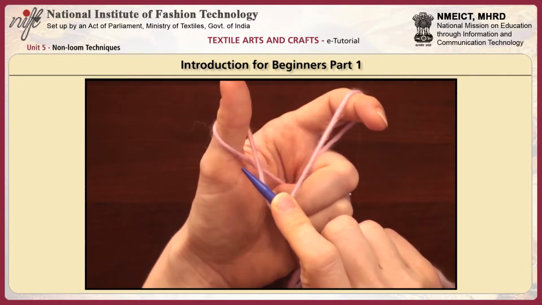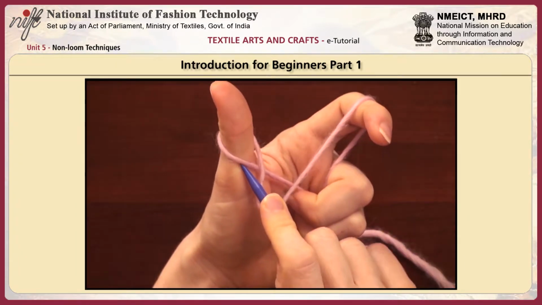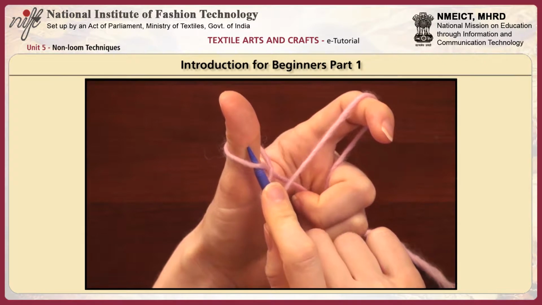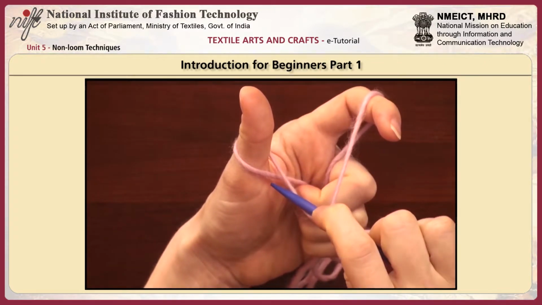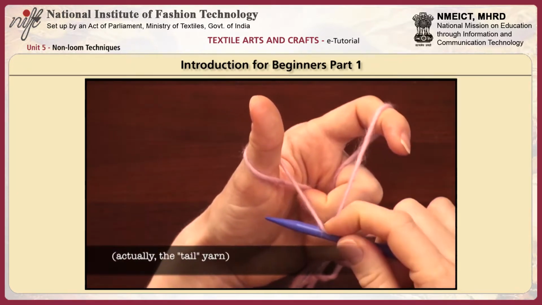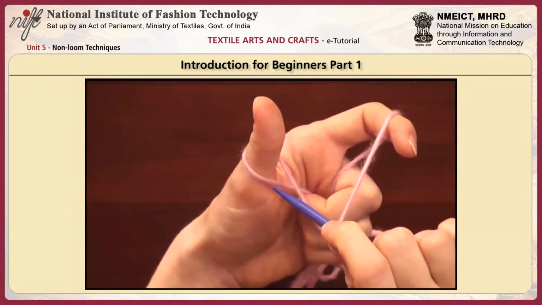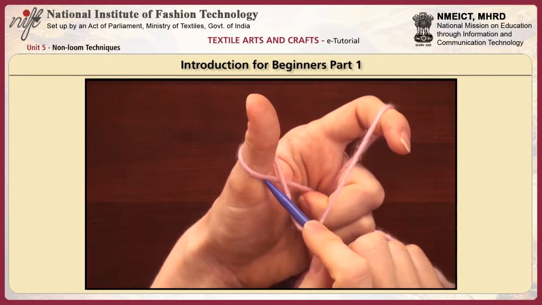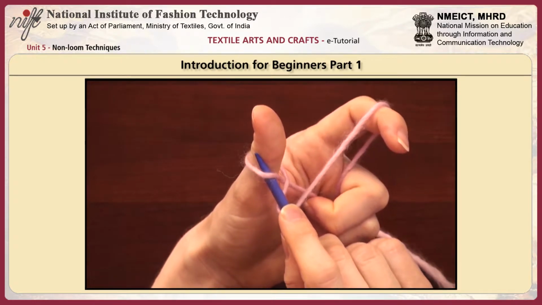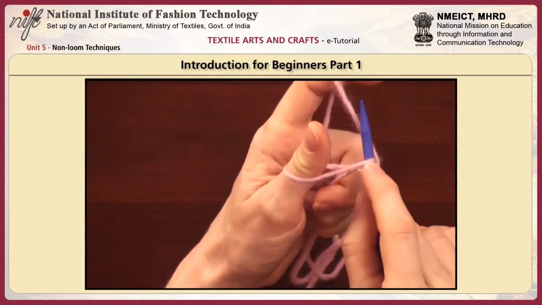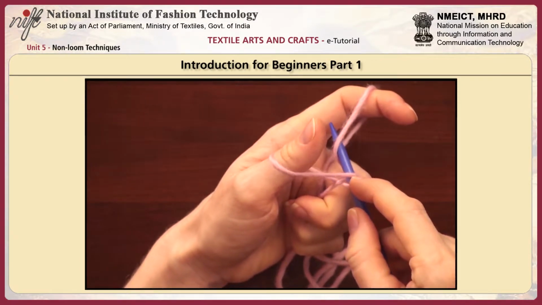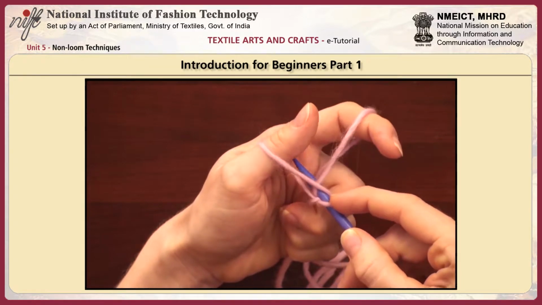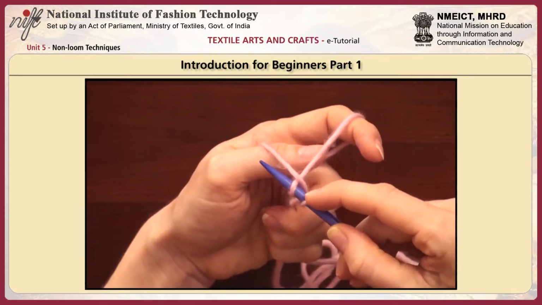So now for long tail cast on, go up into that thumb stitch. Notice I jumped over this working yarn. I didn't duck under it. Over the working yarn and up into the thumb loop, then over the index finger yarn. You're grabbing it and pulling it through the thumb loop here.